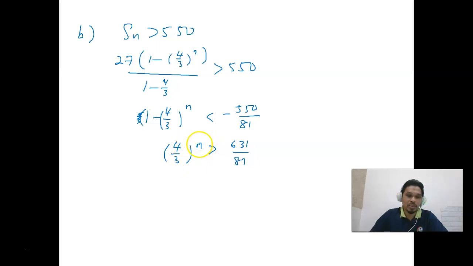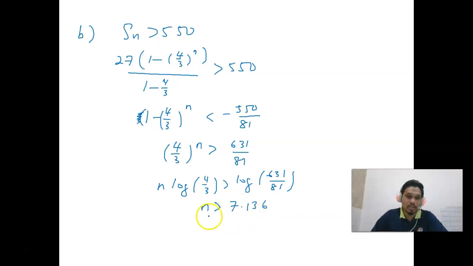Using the log rule and bringing n to the side, it becomes n log 4 over 3 is greater than log of 631 divided by 81. Then dividing by log 4 over 3, it gives you 7.136.